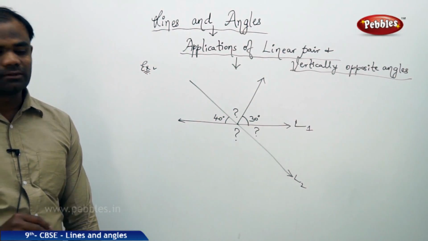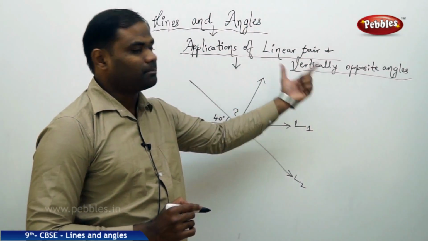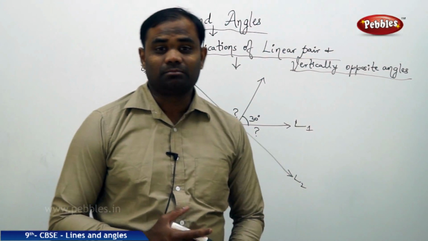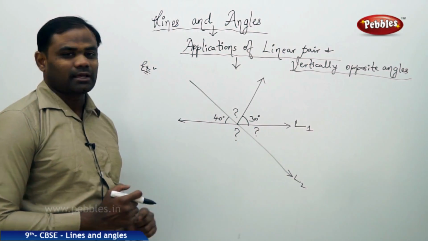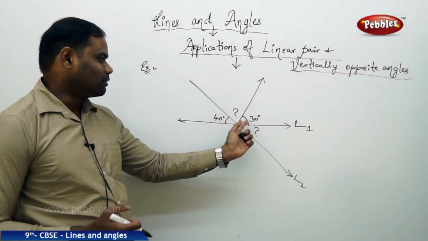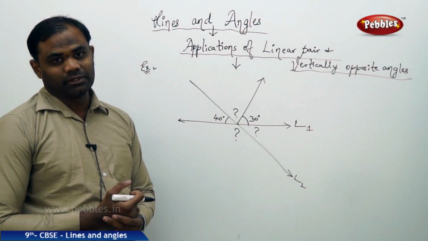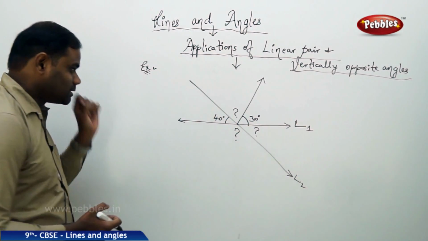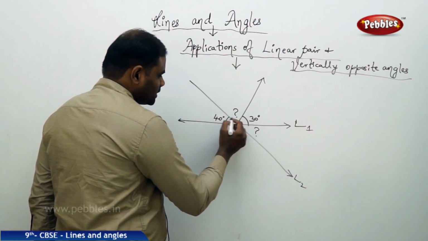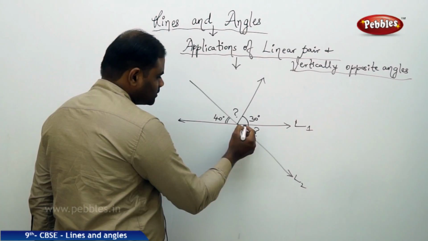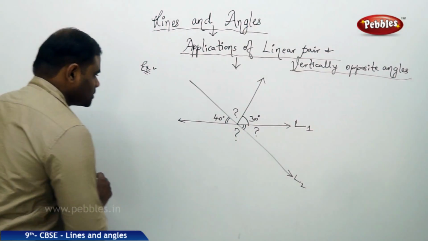So here is a question which relates to linear pair and vertically opposite angle properties. So let's see how we can find each of these angles using the condition of 30° and 40°. As we can clearly see that this is equal to this, as they are vertically opposite angles.